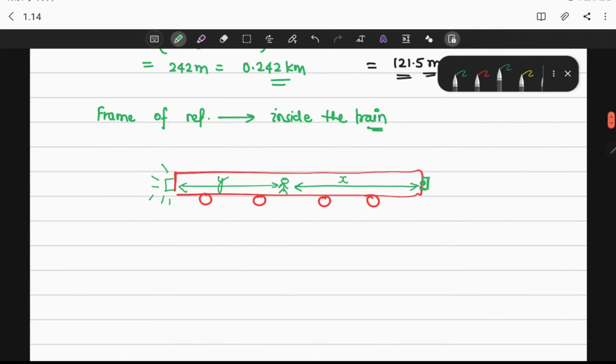Whatever the velocity of the train, whatever the acceleration of the train, this x and y will be the same for this frame of reference which is sitting inside the train. So in that case, what is the distance between these two events? The distance between these two events is x plus y, that is equal to 350 meter, which is the length of the train.